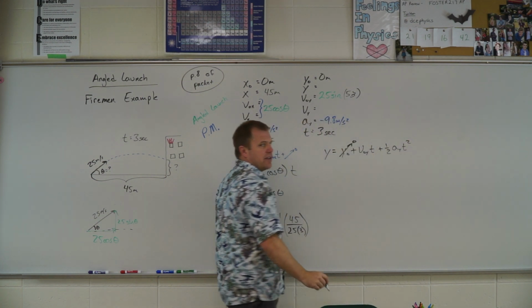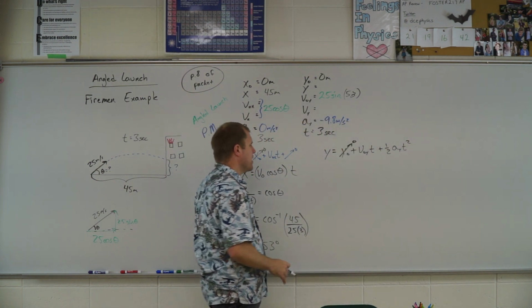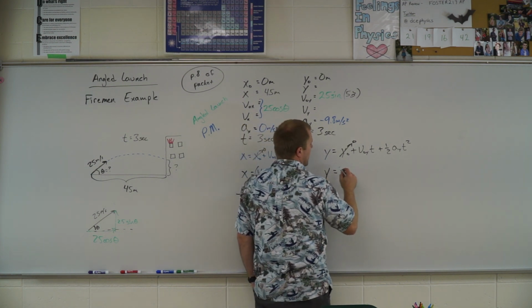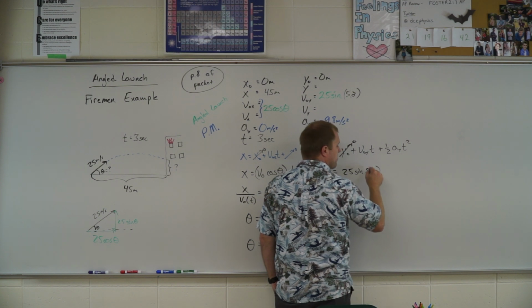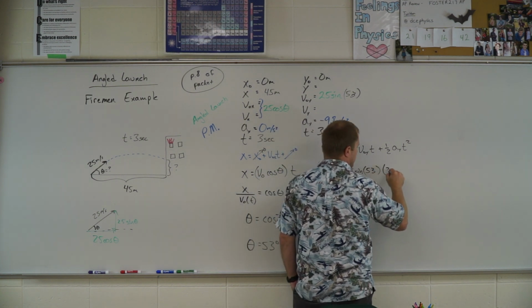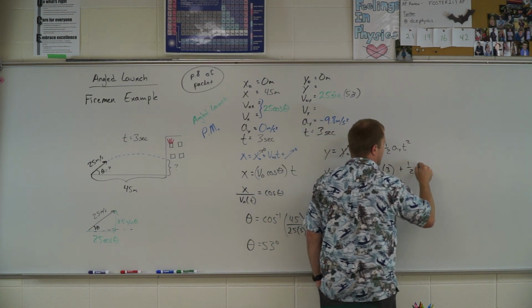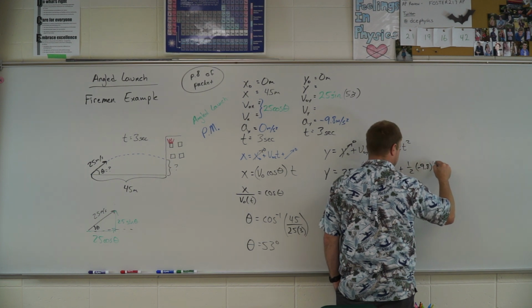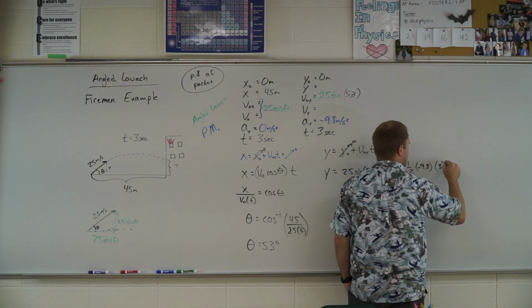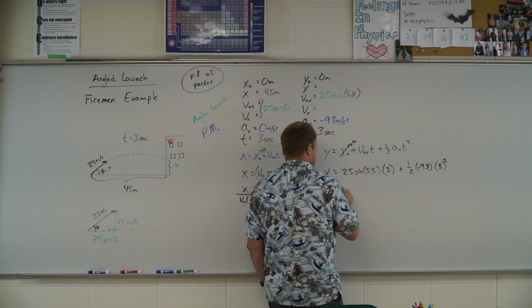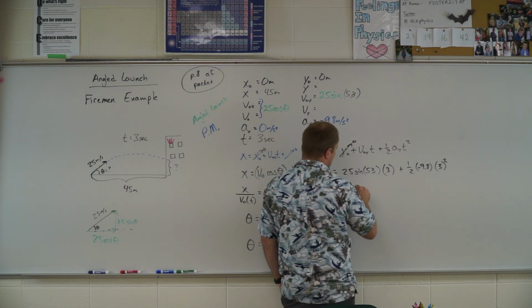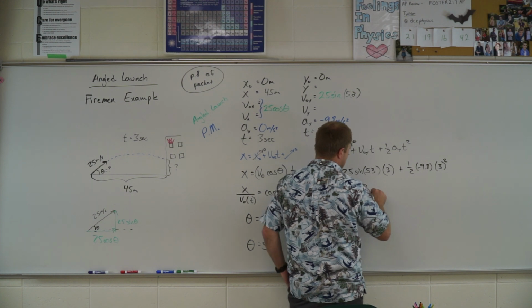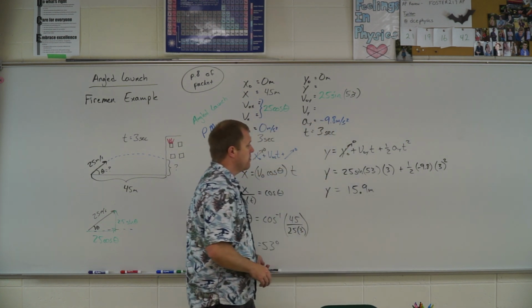They say it starts on the ground. A little odd, but that's okay. Then we just solve for y. So we have 25 times the sine of our 53 number we stored, times our time, which was 3, plus 1/2 times negative 9.8 times 3 squared. And so y equals, plugging that in my calculator, I end up with 15.9 meters above the ground level.